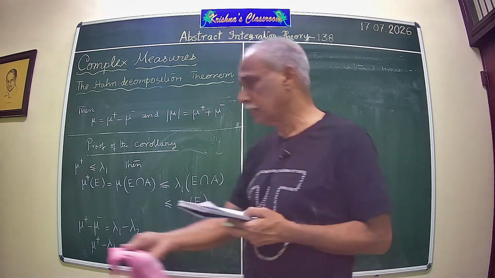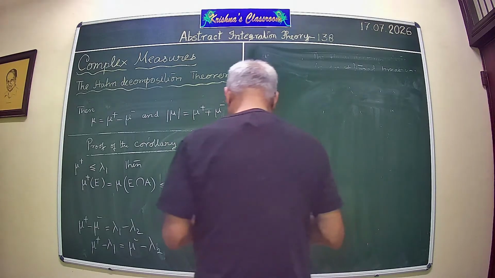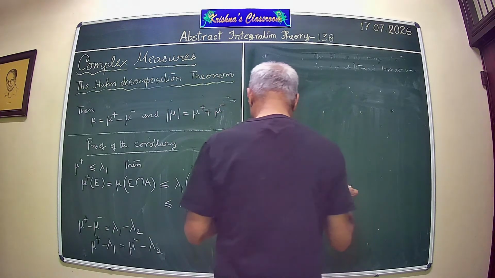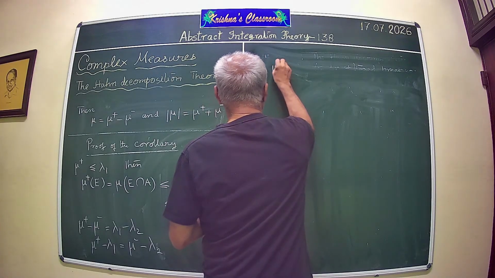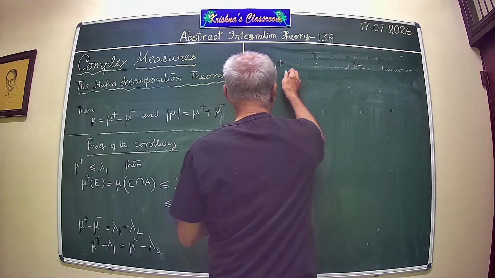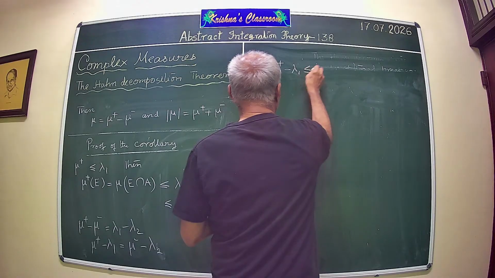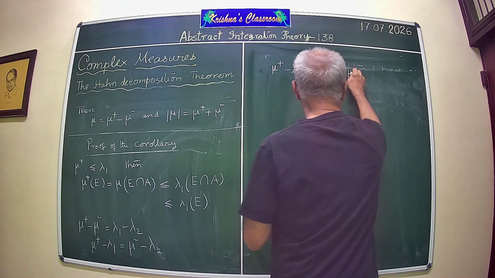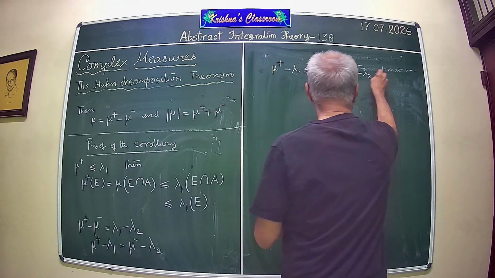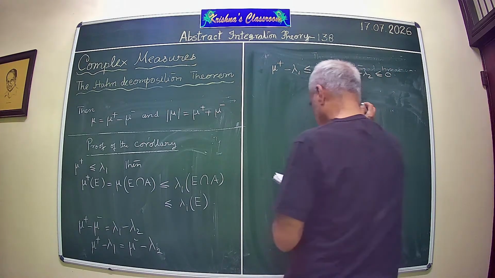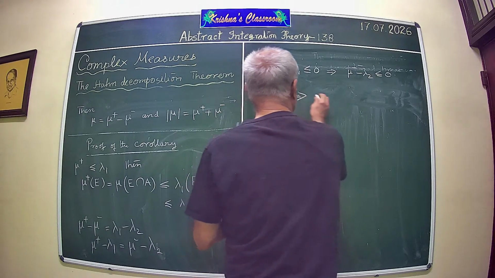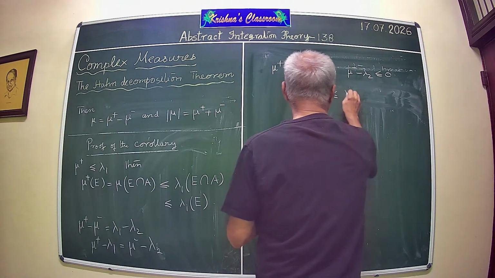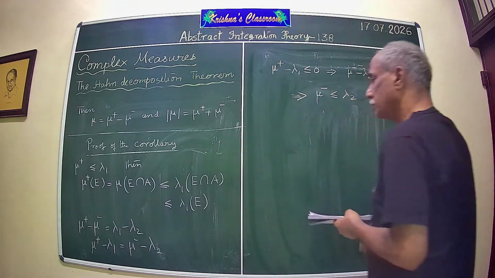So the consequence of this is that something less than or equal to 0 implies equal to 0, which in turn implies that mu minus is less than or equal to lambda 2.